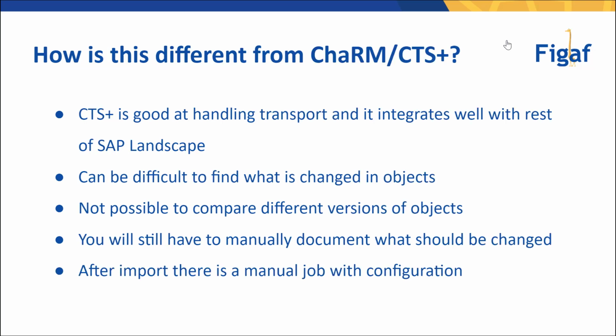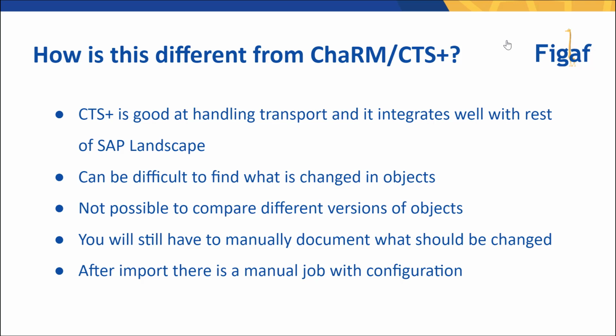And obviously you will ask, so we already have Charm, CTS Plus, so how is this different? But I guess you can see, yes, Charm is good, or CTS Plus, it helps us transport, but you still have all of these manual processes. You still need to go in for each communication channel and figure out what you need to do for that specific communication channel.